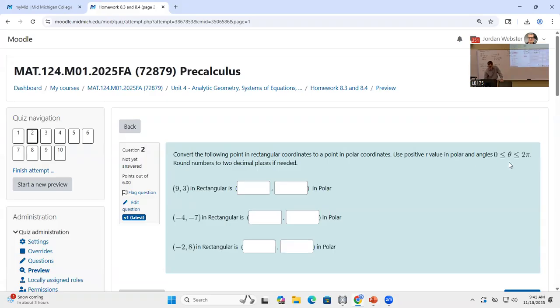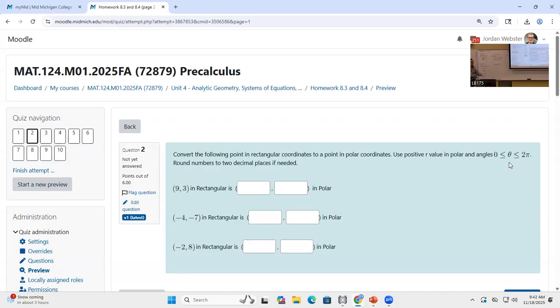Shoot, I thought I had something different. That's fine. I'll look at this later today when I have some time. But this is saying write your angle between 0 and 2 pi. Obviously, my angle is -0.24 right now.